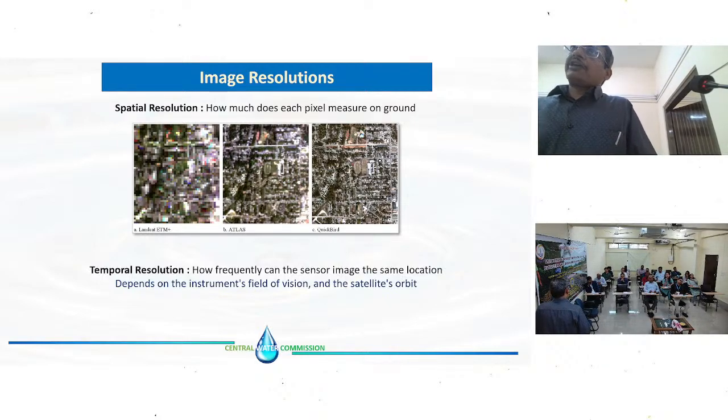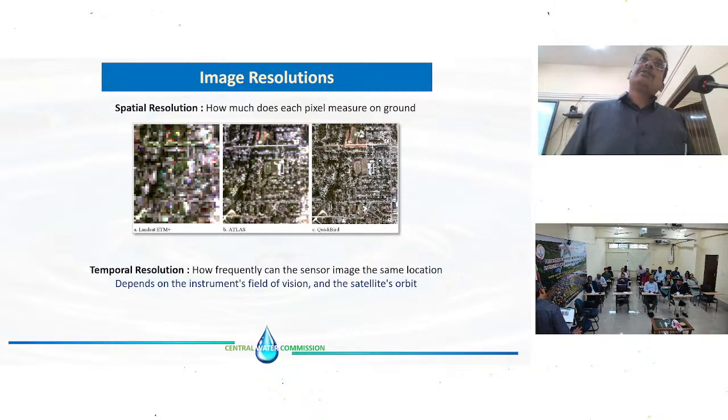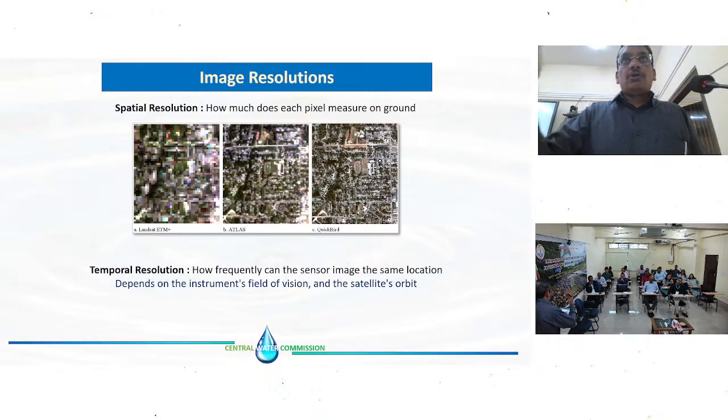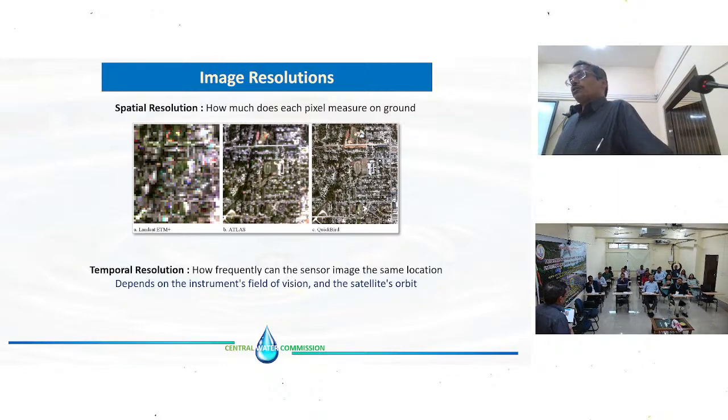So you can easily map, for example, many of the land use land cover changes. You may not be able to map floods because within 5 days the flood may come and go. For that you need high temporal resolution, some sensor or satellite which frequently visits the same point.